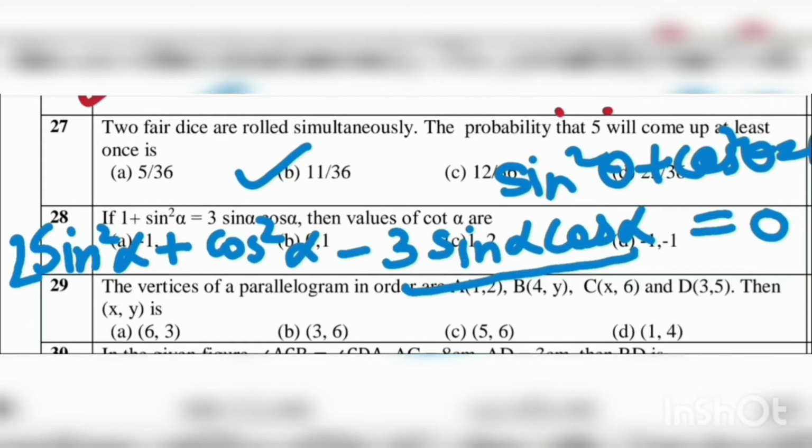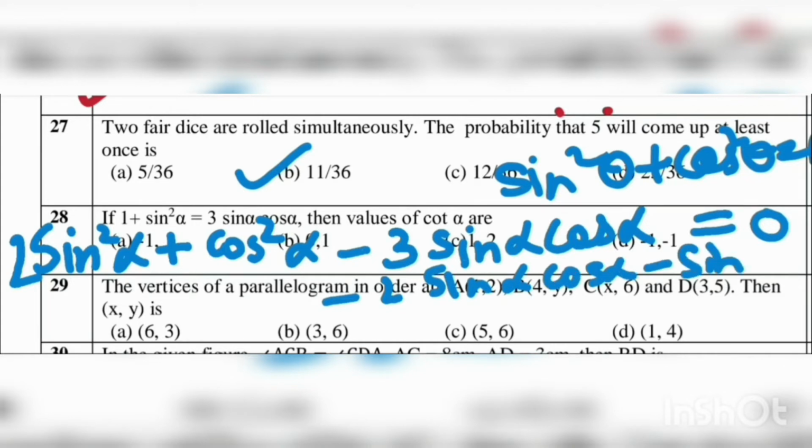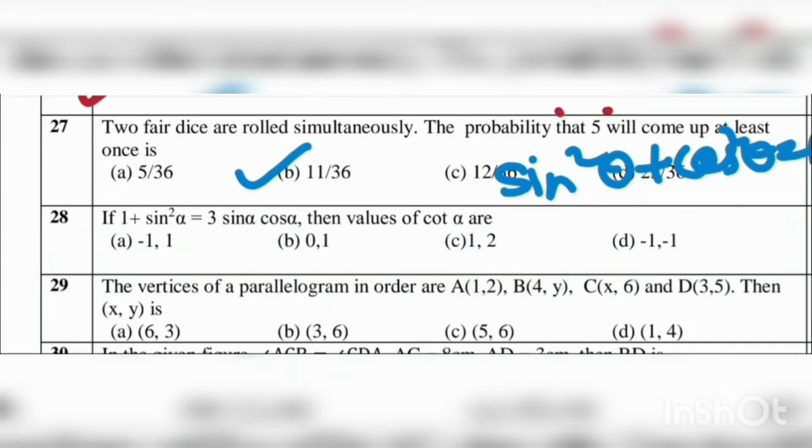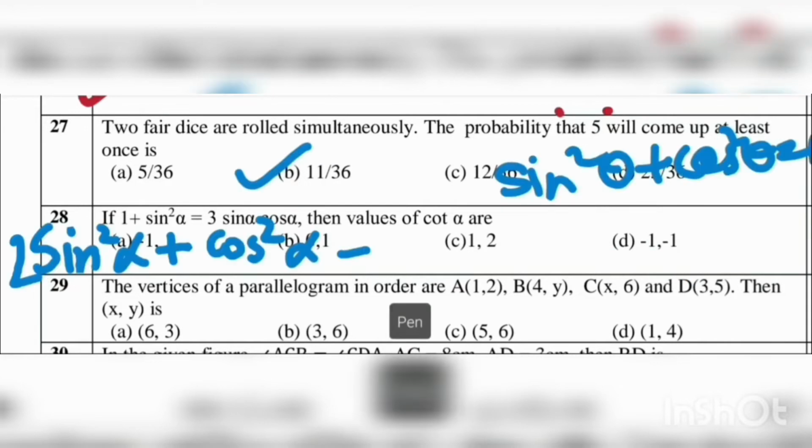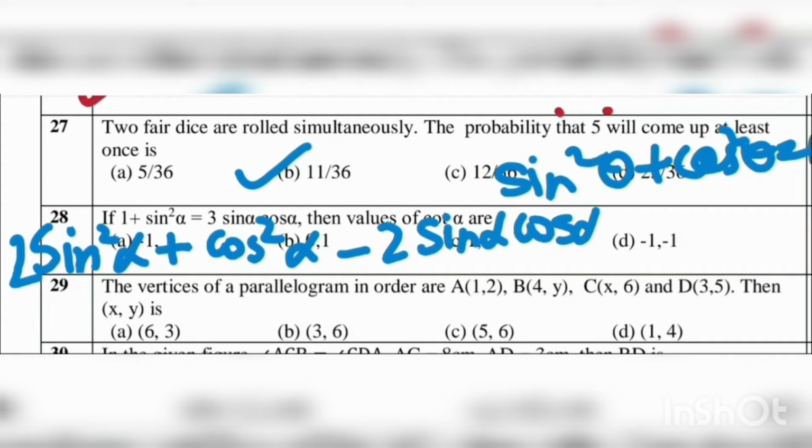We can rewrite it as minus 2 sine alpha cos alpha minus sine alpha cos alpha. So I am just erasing this and replacing it by this, equals 0.